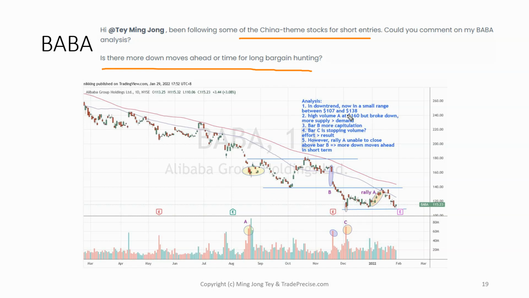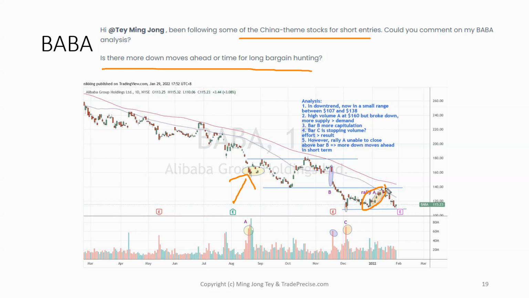Yes. High volume. Okay. Broke down, more supply greater than demand. More capitulation. Yes. Stopping volume. Yes. Effort versus results. Rarely able to close above.